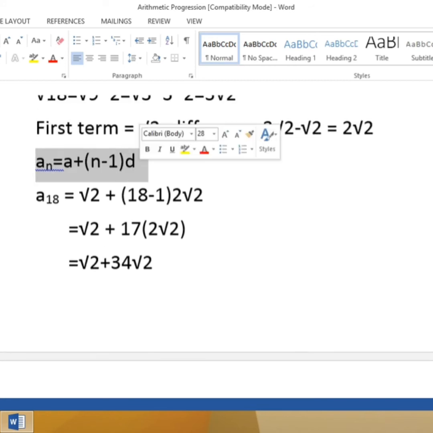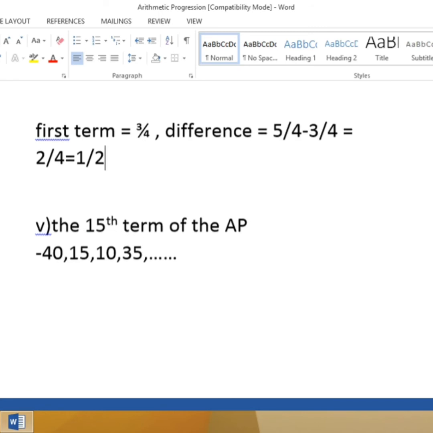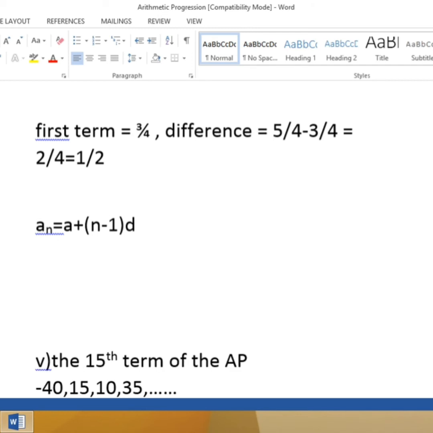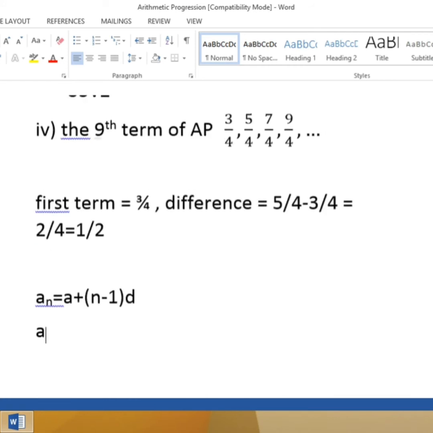And the formula for arithmetic progression, we need to write it down all the time in each question. And we are going to find the 9th term. a9 equal to first term is 3 by 4 plus n, which is 9 minus 1, times the difference 1 by 2.